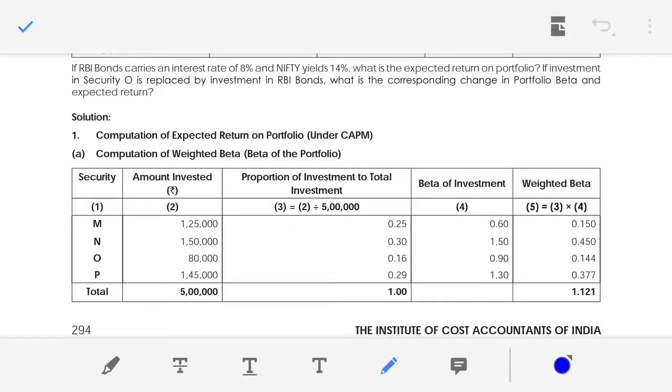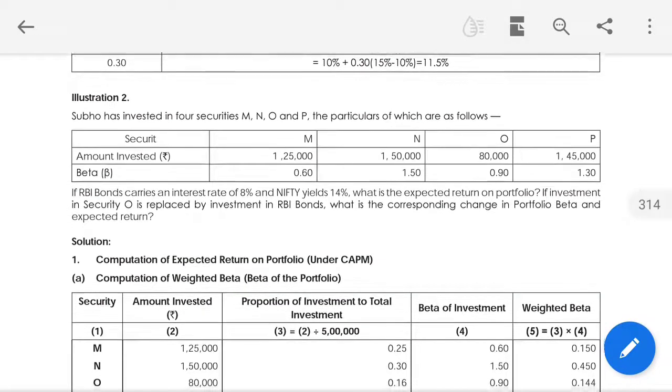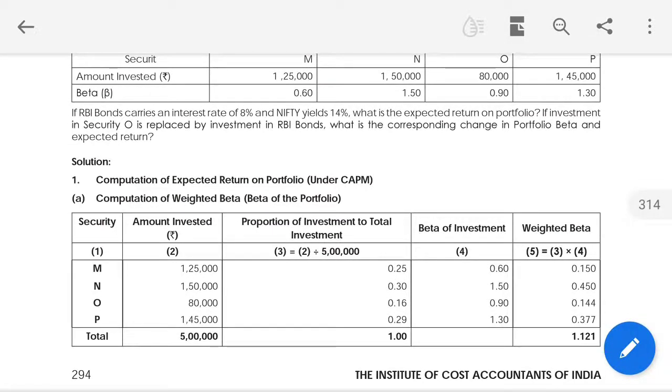So computation of expected return on portfolio under CAPM. CAPM means Capital Asset Pricing Model. So computation of weighted beta. Firstly we have written securities MNOP, and in the second column the amount invested, 1,25,000, 1,50,000, 80,000, 1,45,000 in the first scenario. In the second scenario we have to replace O with RBI bonds.